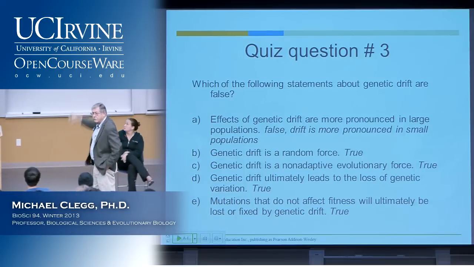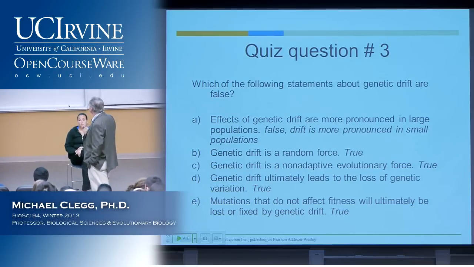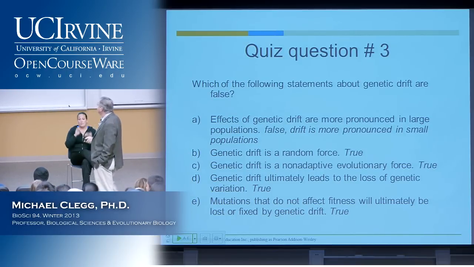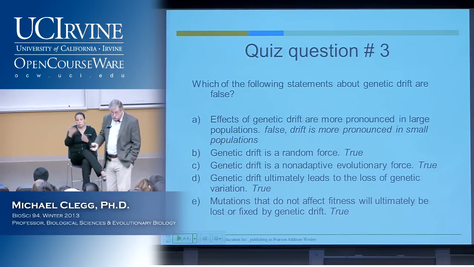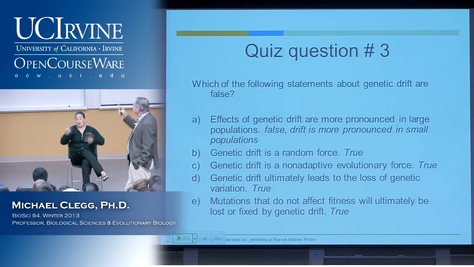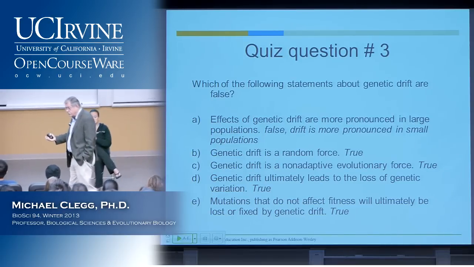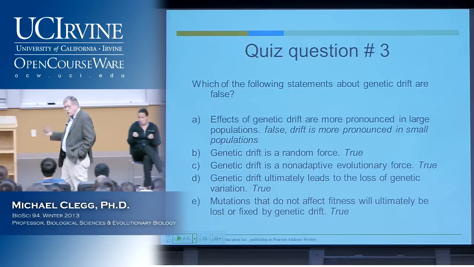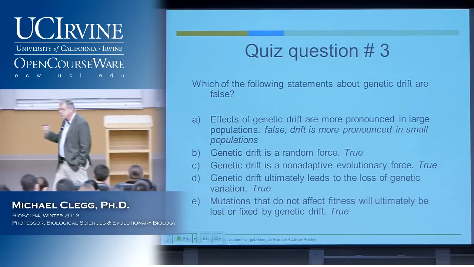Genetic drift is a random force, absolutely true. Genetic drift is a non-adaptive evolutionary force, that's true. Genetic drift ultimately leads to the loss of genetic variation, that is true. Mutations that do not affect fitness will ultimately be fixed or lost. That is true. So that's the answers to number 3.